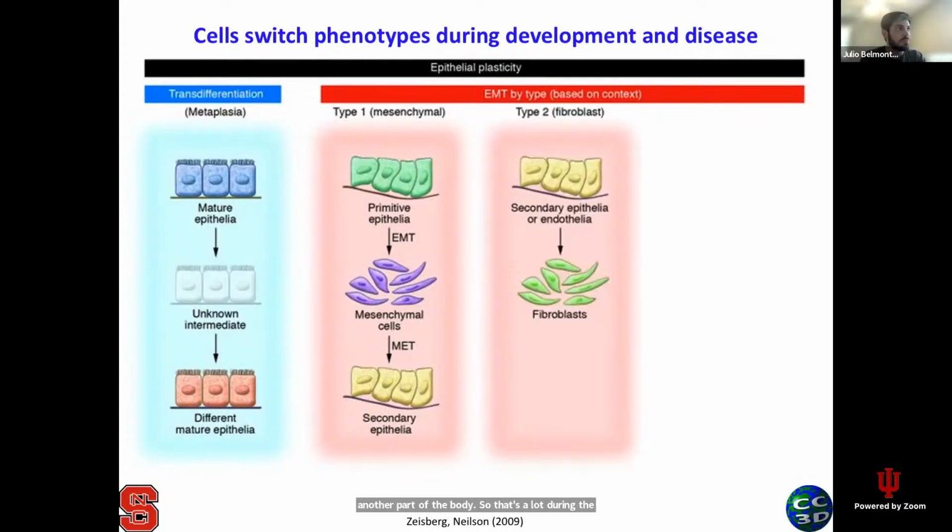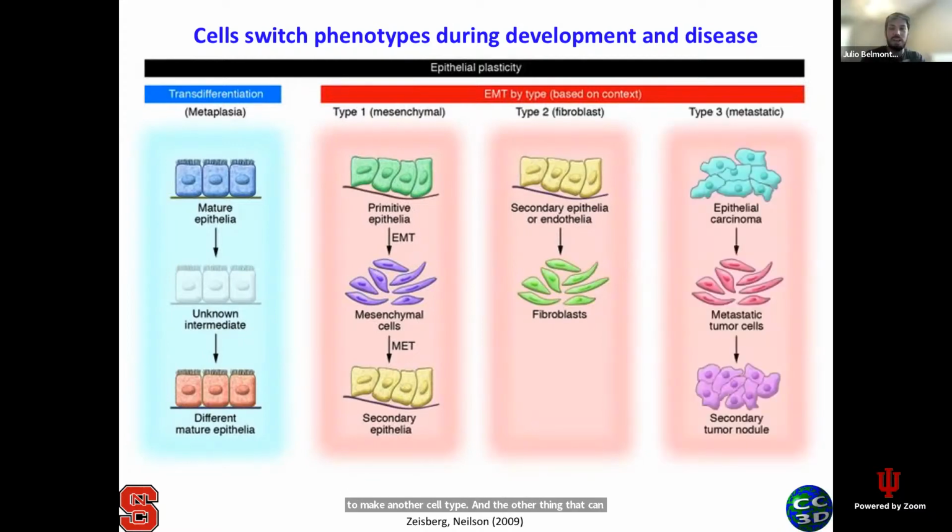The other type of epithelial to mesenchymal transition is when this secondary epithelia differentiates to make another cell type, and what you have here is the fibroblast. And the other thing that can happen is that you have some kind of epithelial cells that are growing, which is actually cancerous.